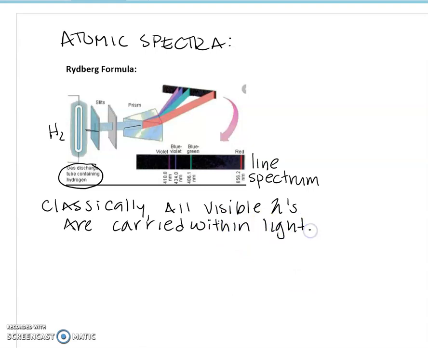But they noticed that when they used these gas discharge lamps for hydrogen, helium, so these atom lamps, they had these unique emission lines within the atomic line spectra.